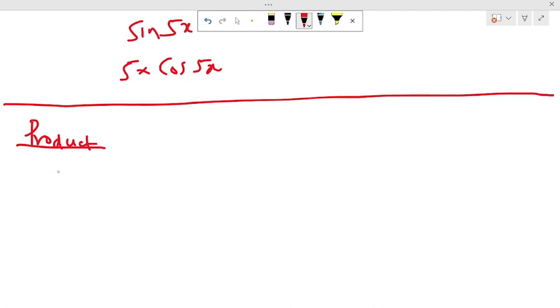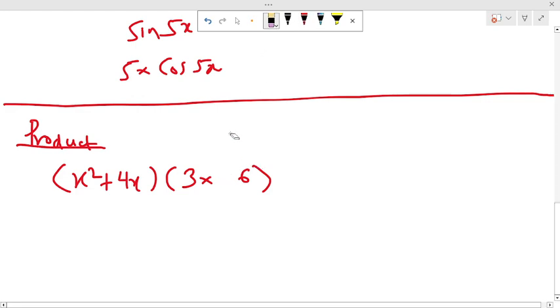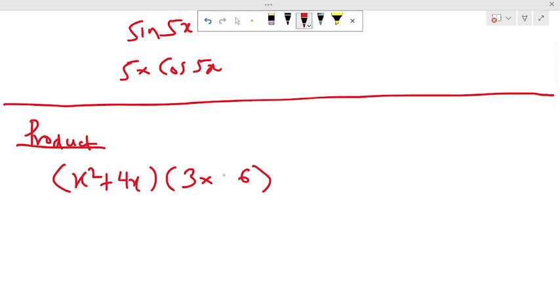So let's say we have something like x squared plus 4x, multiplied by 3x plus 6. Now some will say multiplying this, they might make mistakes. Let's make it minus here, so that multiplying it can be prone to mistakes.